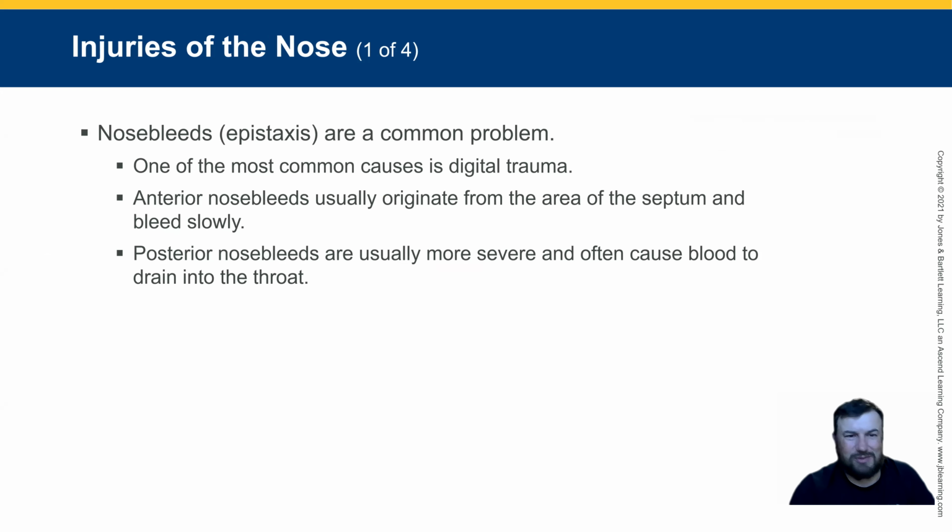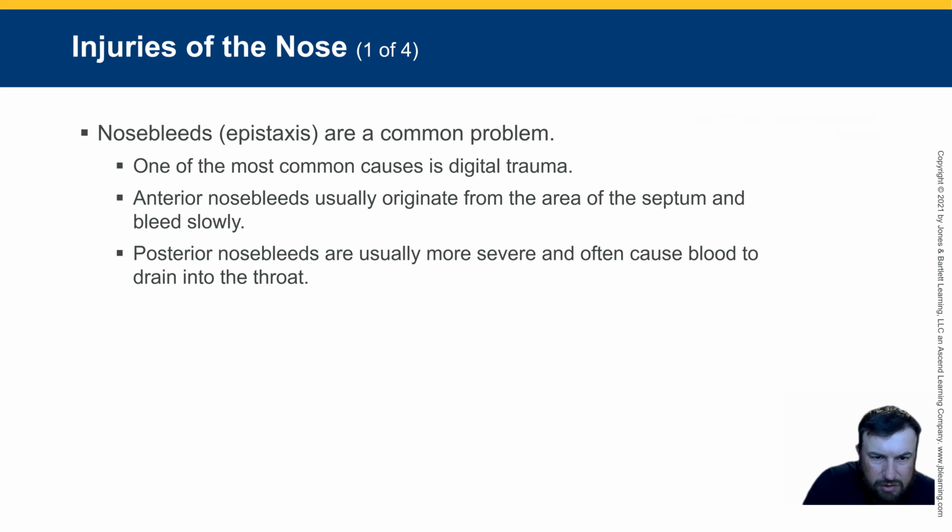Nosebleeds. Remember this word, epistaxis. That means nosebleed. It is a National Registry question that I got wrong. One of the most common causes is digital trauma. Anterior nosebleeds usually originate from an area of the septum and bleed slowly.